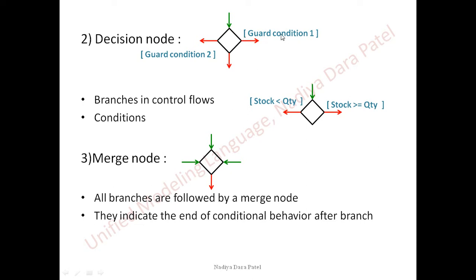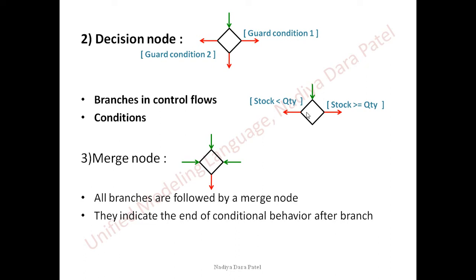If the condition is yes, you place it near the yes arrow, and we will traverse further here. If the condition is no, you place it near that arrow, and we will traverse with that arrow further.